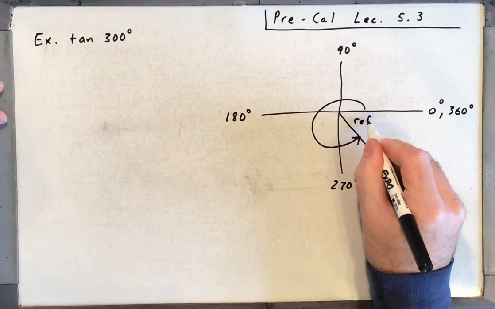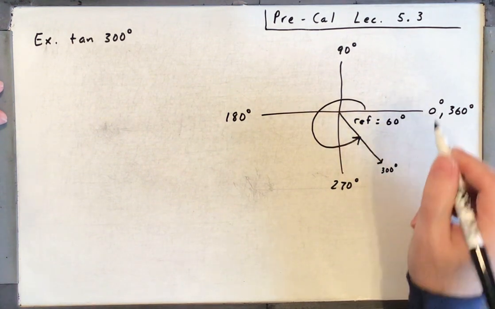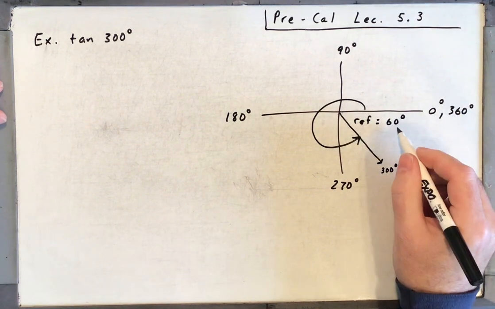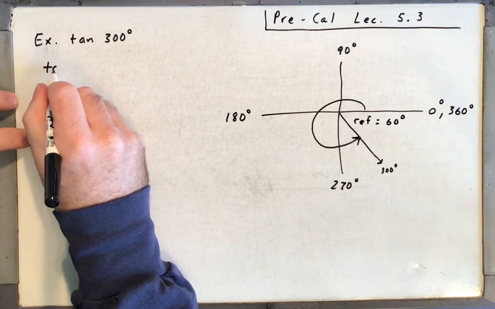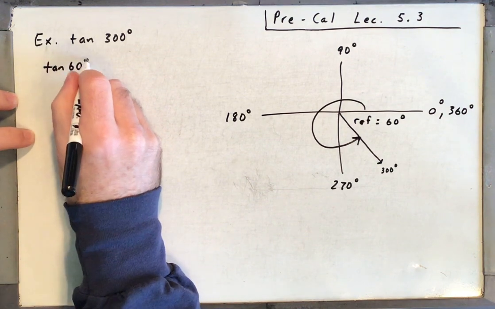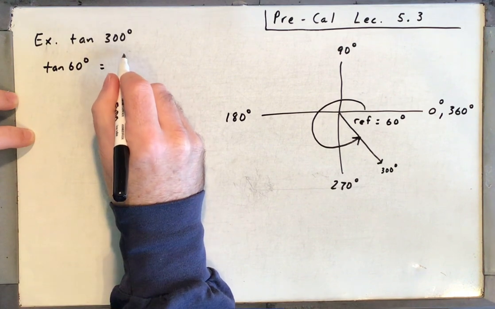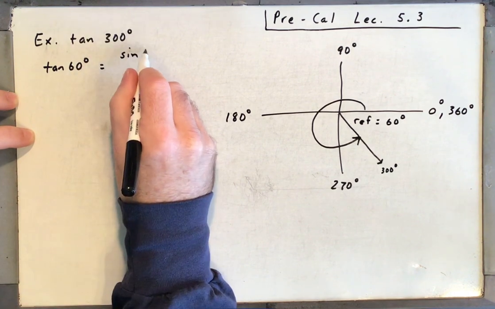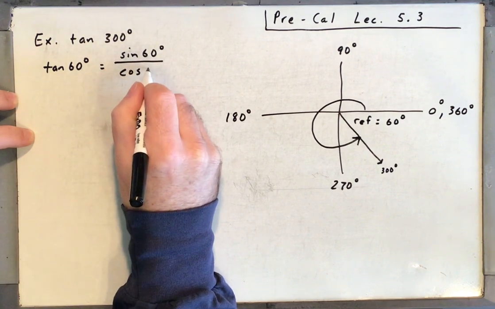So reference is going to be 60 degrees because you go from 300 to 360. So we're going to find the tangent of 60 degrees and then adjust. Well, if you remember, tangent is just sine over cosine. So sine of 60 degrees over cosine of 60 degrees.